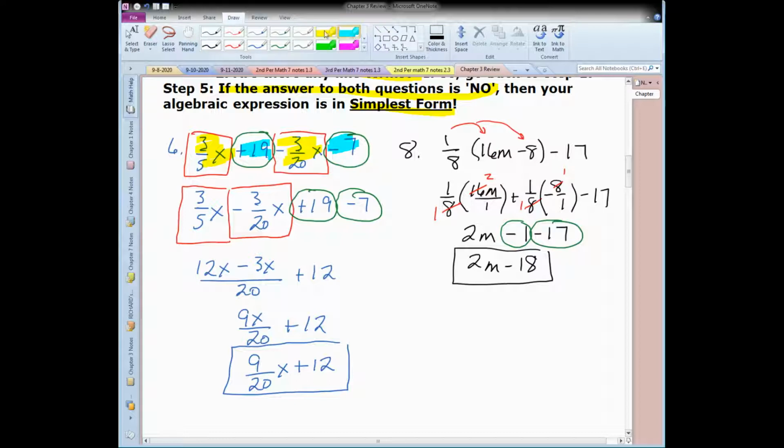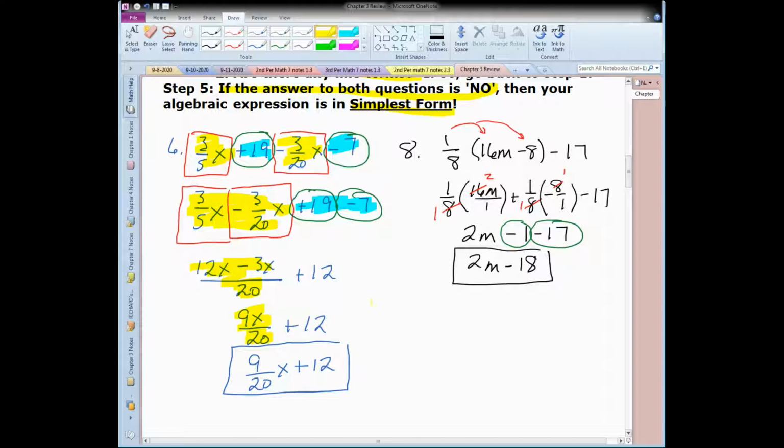The next step, I put them all together. You can see how I did that here. I just put the boxes next to each other, and I put the circles next to each other. And then I combine them. So I combine the like terms in yellow, and I got this, and I got this.